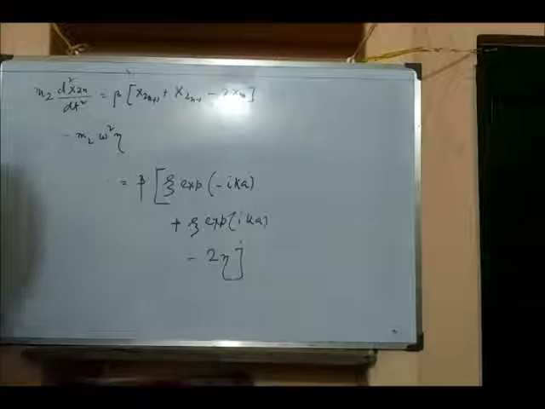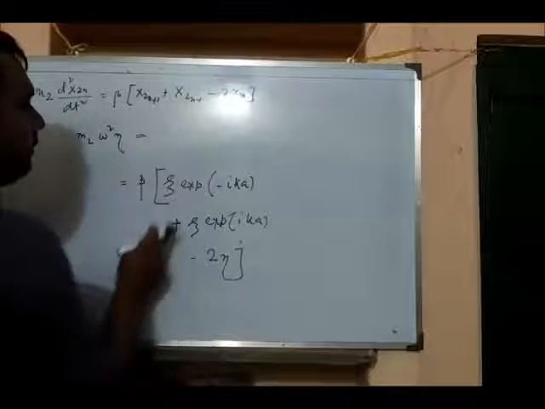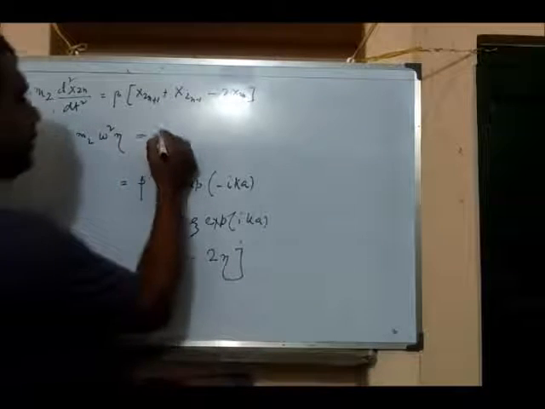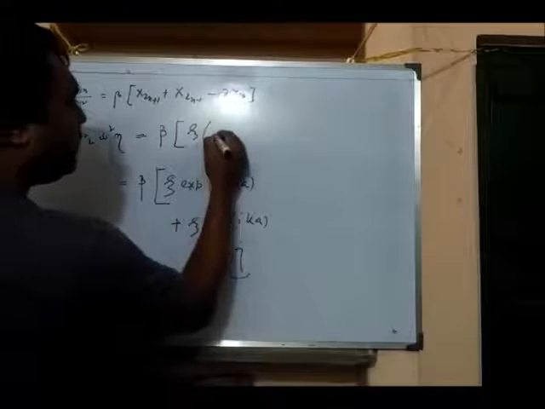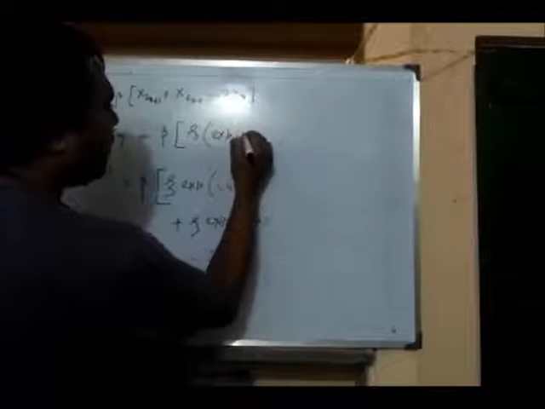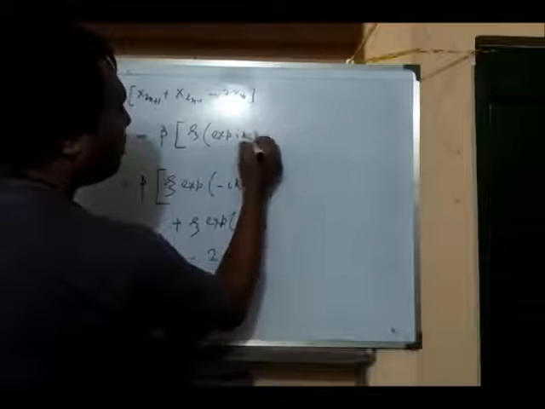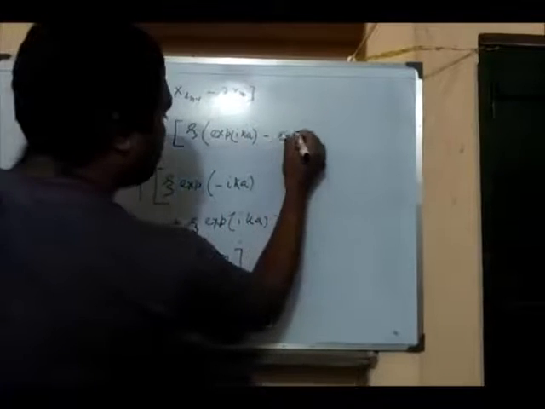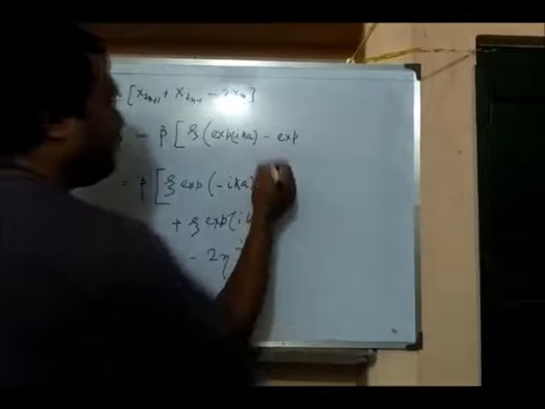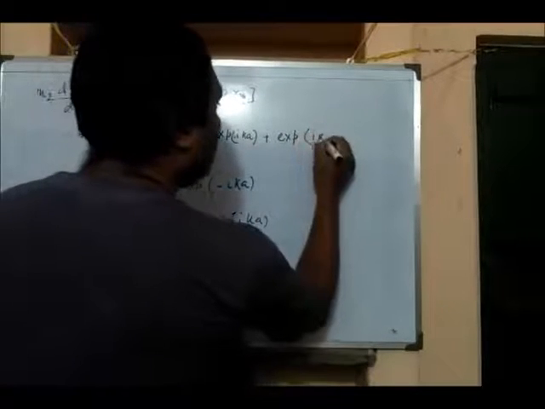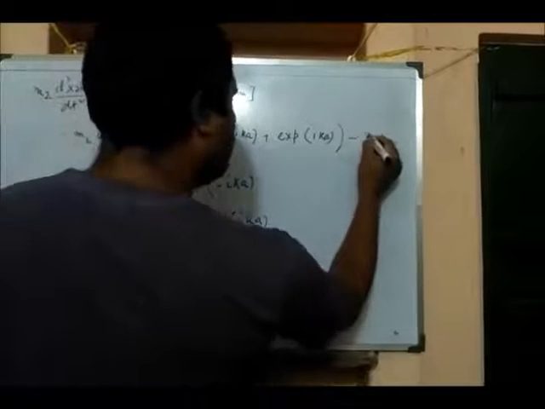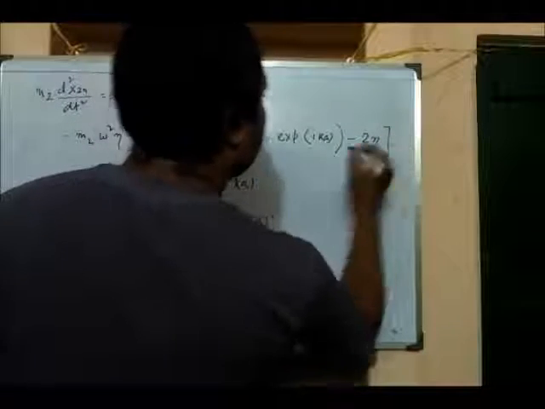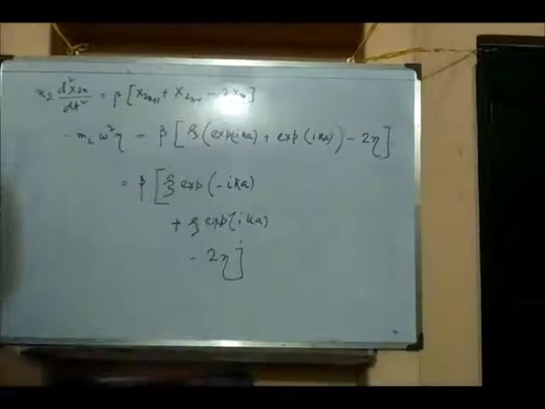So I am writing this once again here, and we will get β ξ exponential ika minus exponential minus ika plus exponential ika, minus 2η.